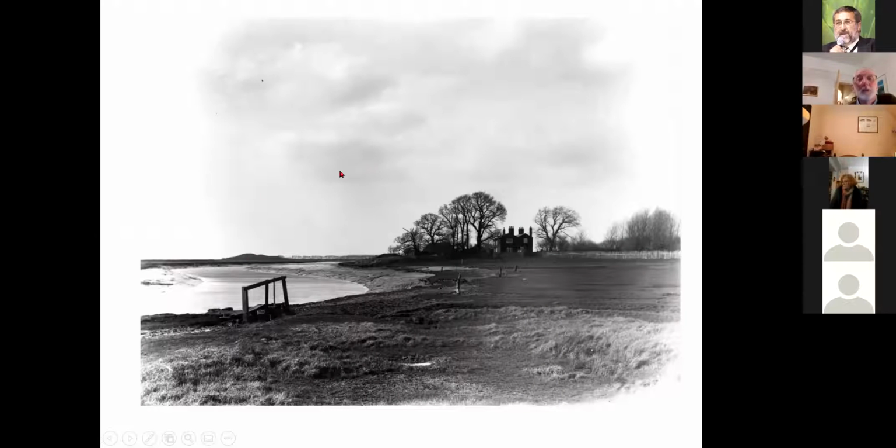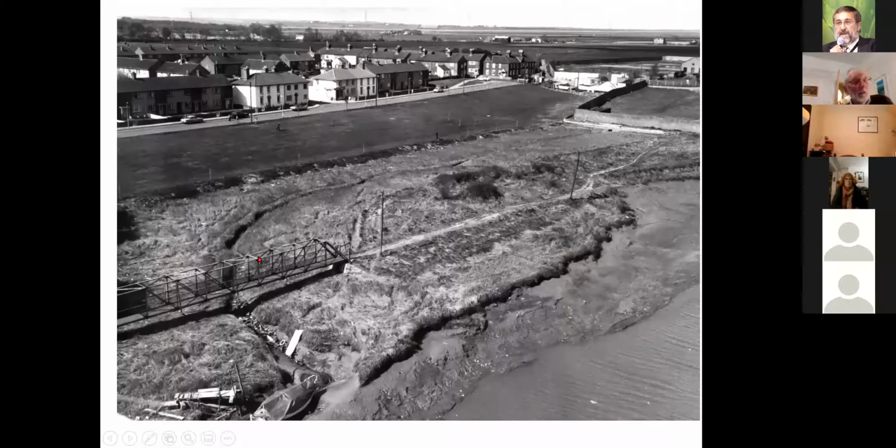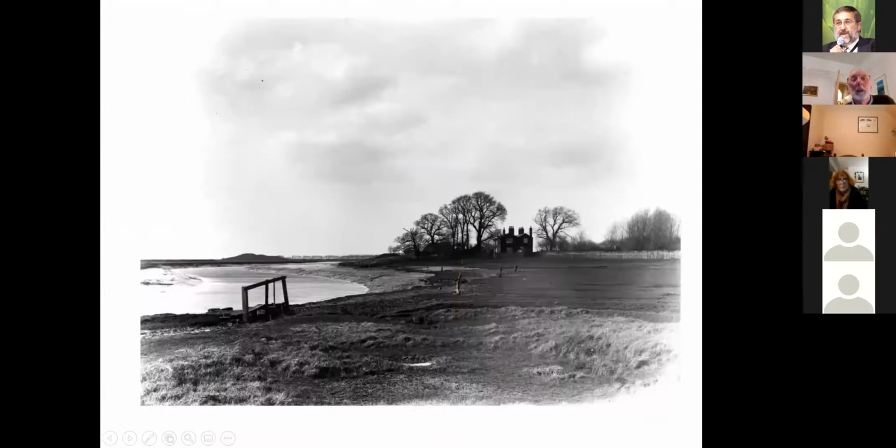But what was it? Some people feel it was just a refuge for sheep in times of flood. But other people feel it was a burial site. And in fact, one of the Faversham Papers, I can't remember which number, is entitled Beowulf in Kent. And it puts forward the case for this being the burial place of Beowulf.